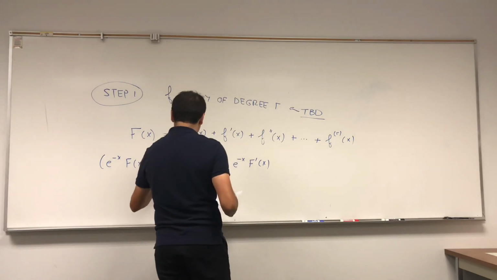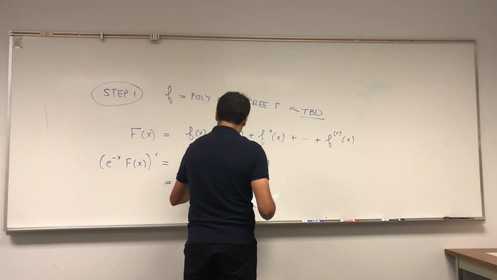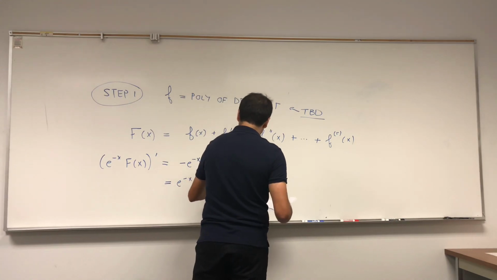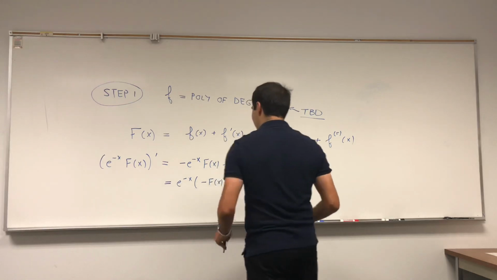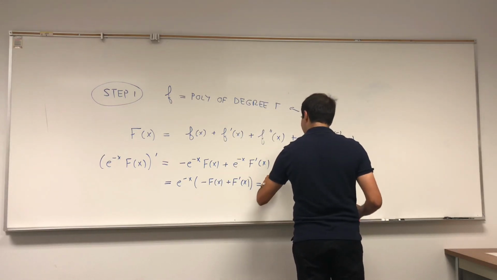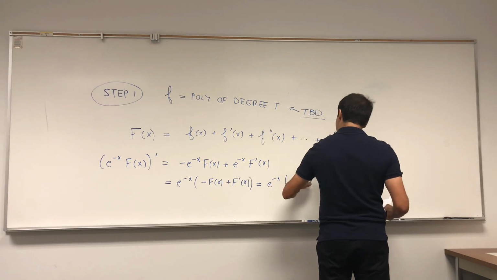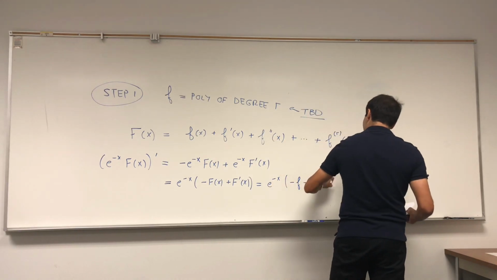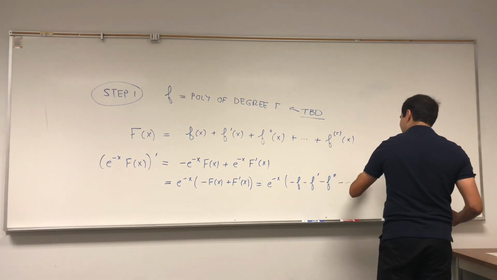So first of all, let's factor out e to the negative x. So it's negative F of x plus F prime of x. Okay, and now let's calculate this: e to the negative x of, so minus f prime, minus f double prime, etc., minus f^(r).